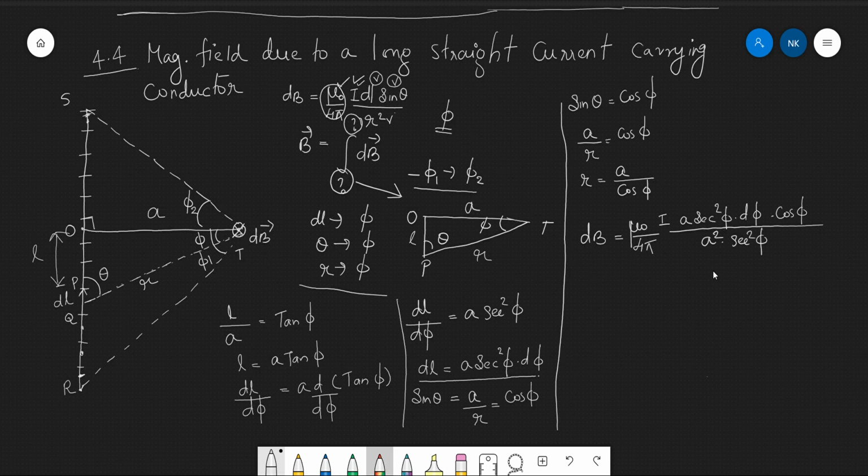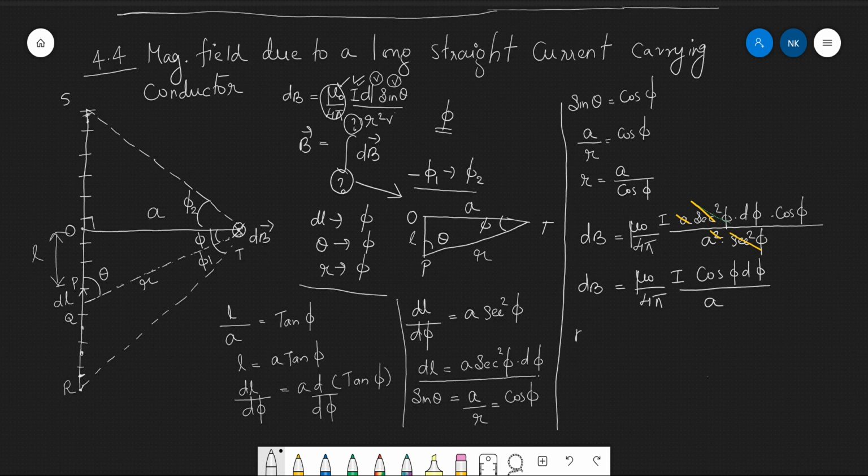Okay, so here what happens is this sec square phi and sec square phi will cancel each other. This a and a square will go off. Finally I'm going to have dB equals mu naught by 4 pi I into cos phi d phi times a.